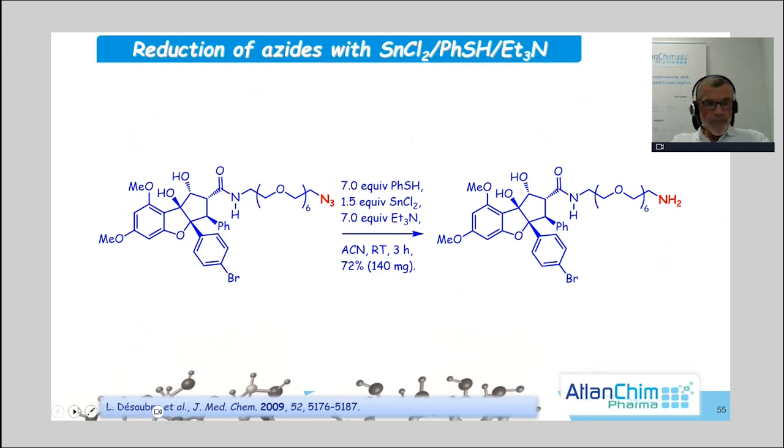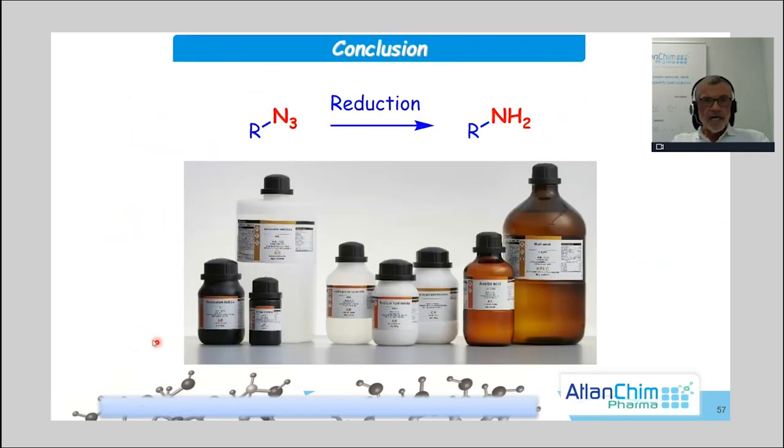So, in conclusion, a range of methodologies to reduce azides to amines have been illustrated.